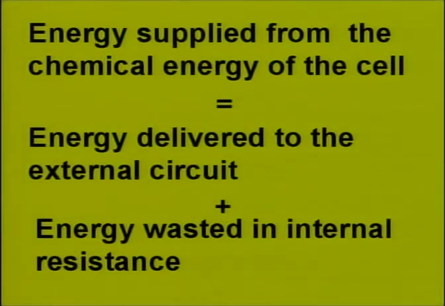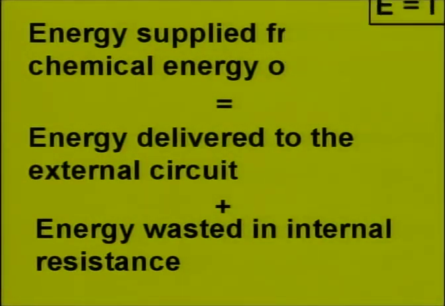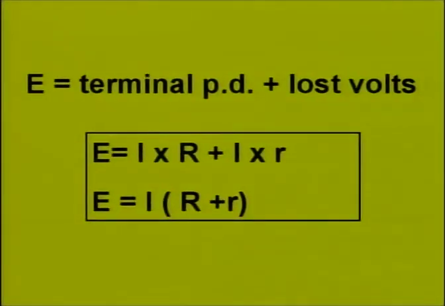If we want to find the energy given off by the cell, you can use terminal potential difference plus lost volts.